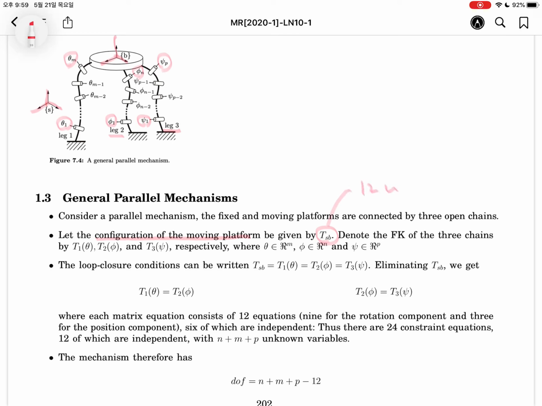It has 12 known or unknown variables, depending on whether it is forward or inverse kinematics. Anyway, it has 12 variables, of which 6 are independent.